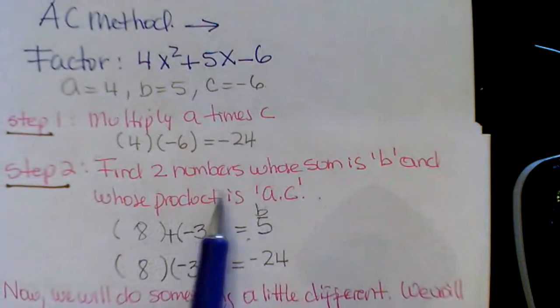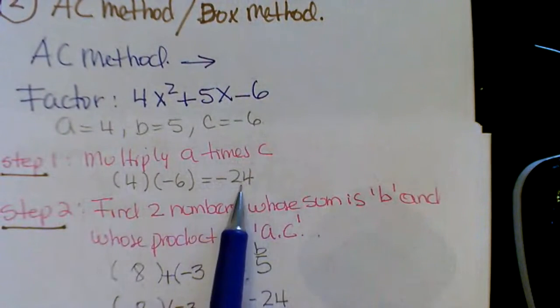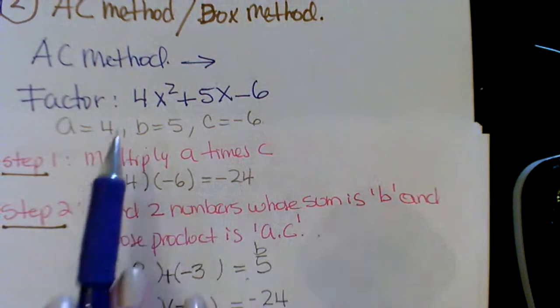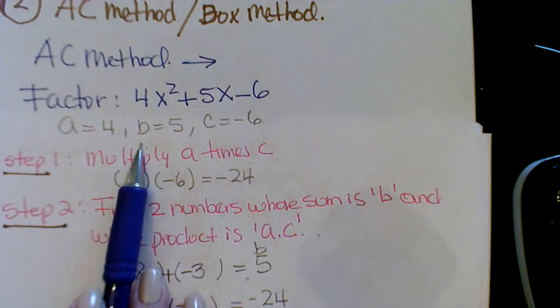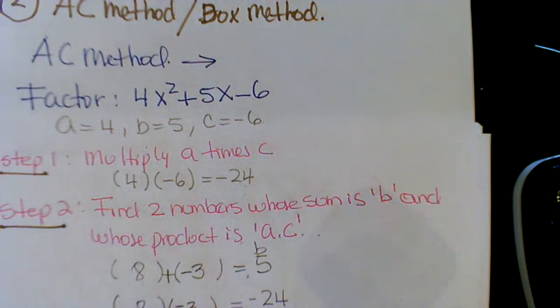We multiplied A and C. That's how we got negative 24. Once we have that, we have to find two numbers whose sum is B, which is 5, and whose product is negative 24. So 8 minus 3 is positive 5, and 8 times 3 is going to give me negative 24.